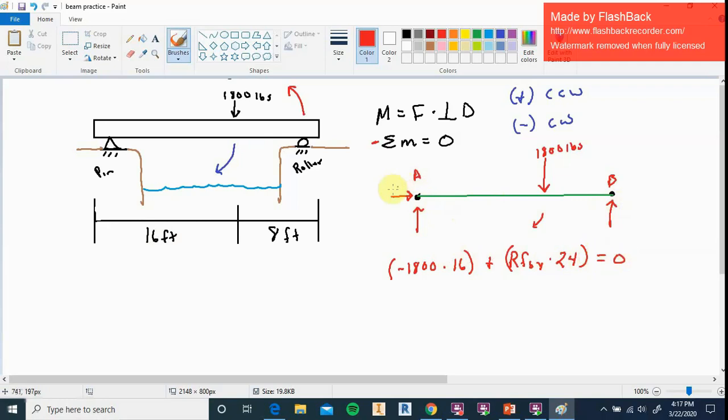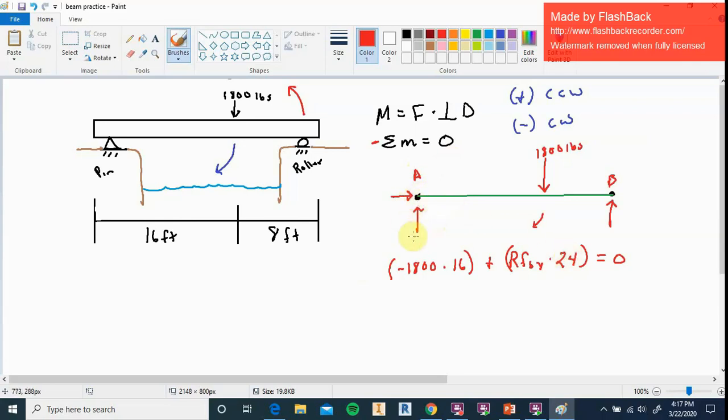So some people would ask then, okay, well, what about these two here? Well, we could include those into our equation right here, but the thing you have to understand is, what is the distance? So are they actually creating a moment? If I'm looking at this reaction force here, so we'll call that the reaction force at A in the Y direction, we can take that and multiply it by its distance to A, which happens to be 0.